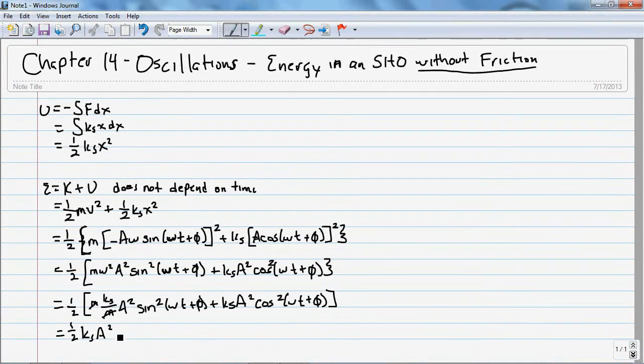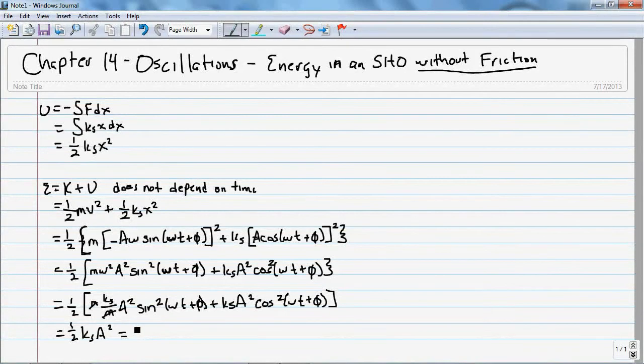Now I can play around with this energy, and it's interesting, this energy is a constant. There's nothing in here that was dependent upon t. K of the spring is a constant, the amplitude's a constant. So we can play around with this a little bit more and come up with some different formulas.